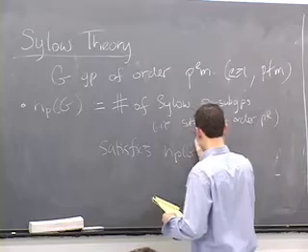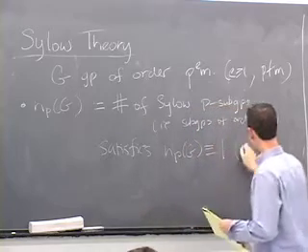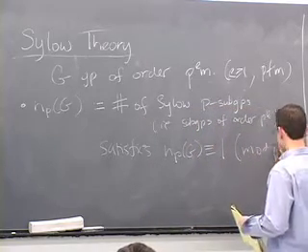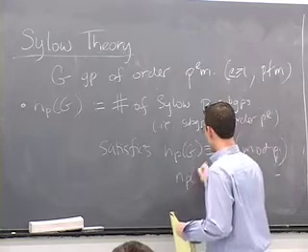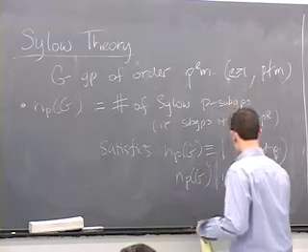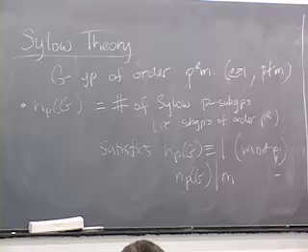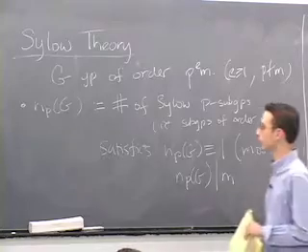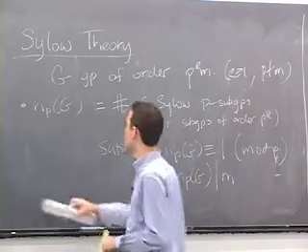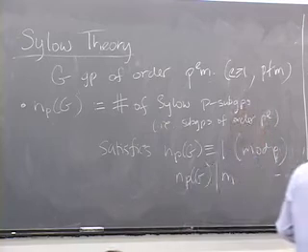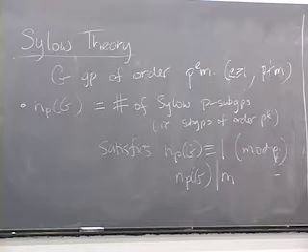First of all, the number of them is congruent to 1 mod p. Secondly, the number of them divides m. We saw lots of great examples of how we could just use this fact. This fact alone gets you a lot of information. But a lot more can be said.